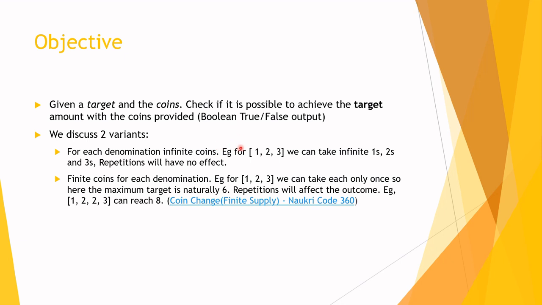In my presentation, I'll be talking about two variations. One is infinite coins for each denomination, and the next one is finite coins for each denomination. In the finite case, obviously the repetitions will affect the outcome, and this is almost the same as the coin change problem with finite supply that you can find in this website. It will be linked to my video.